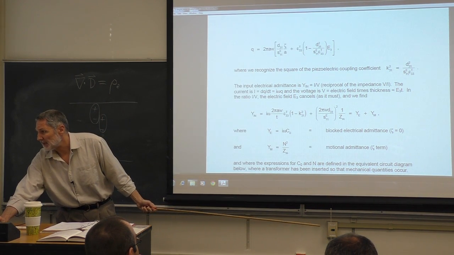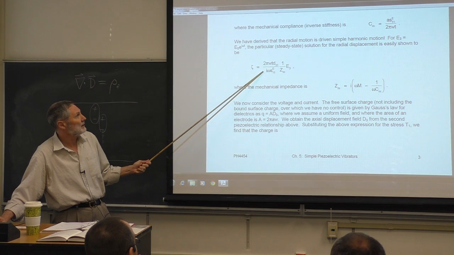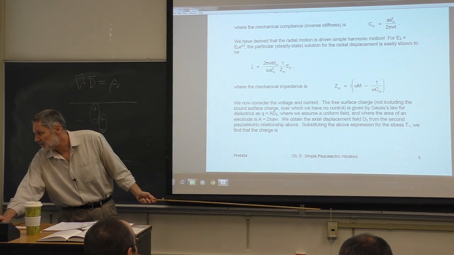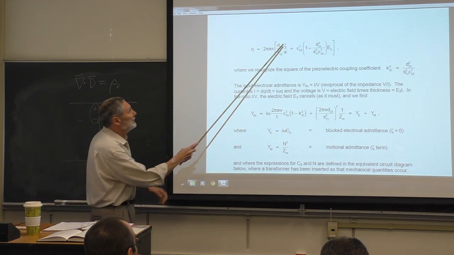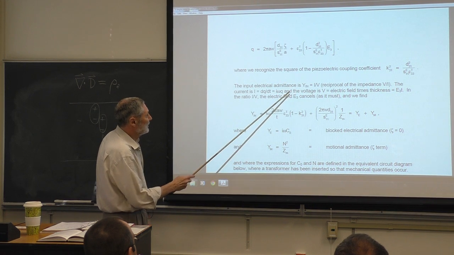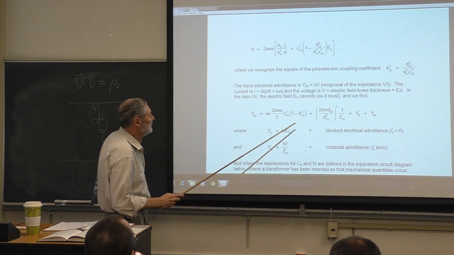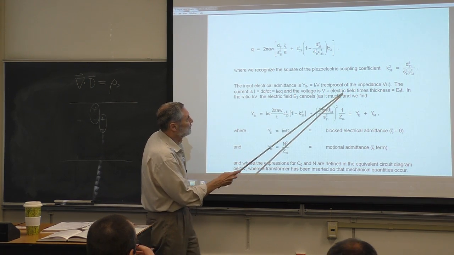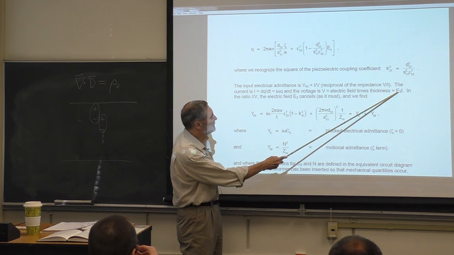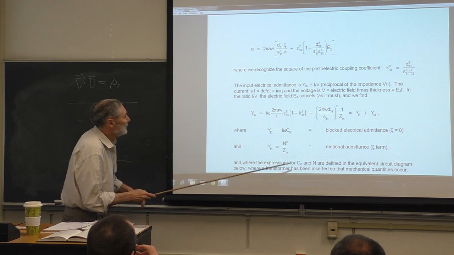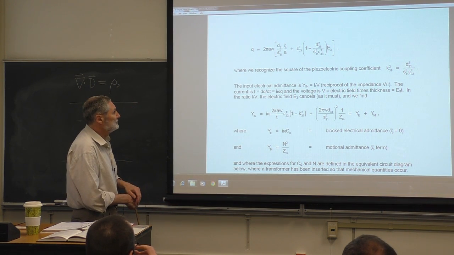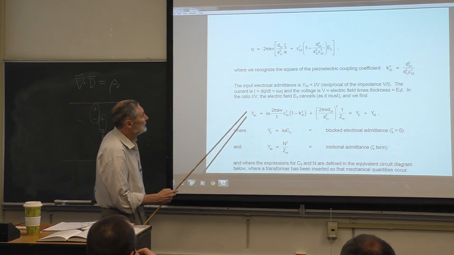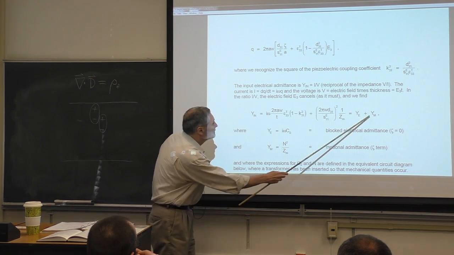So I want you to imagine that you take this and substitute it into here. Now the current is all proportional to E3. The voltage is also proportional to E3, of course. We've seen that many times. So E3 will cancel in the admittance, and this is what we get.